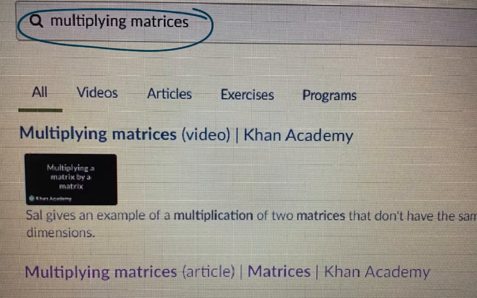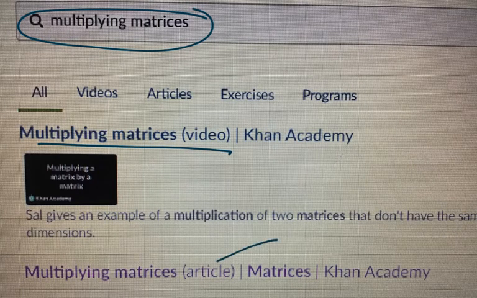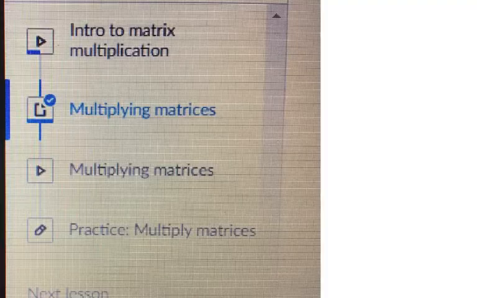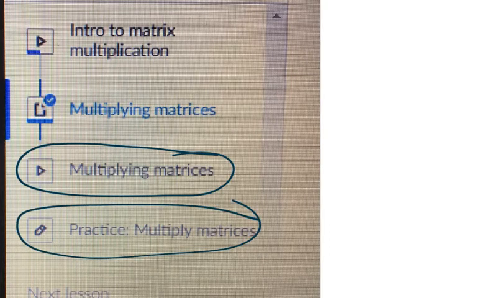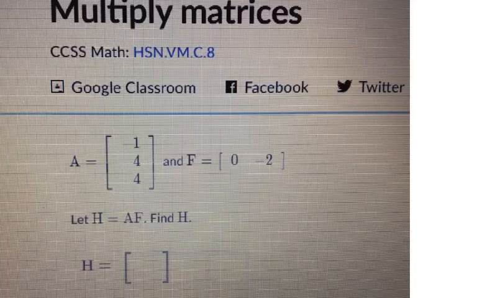If you search it, of course, you can watch the video, which I assigned to you. I did not assign the article, but I assigned this video and a practice set. And here's the section right here in Khan Academy. All right, but anyways, let's get to the practice set.